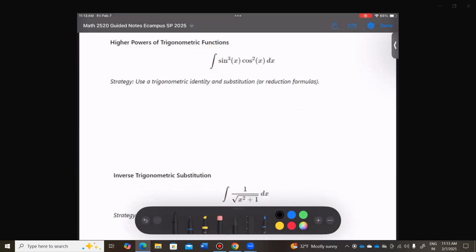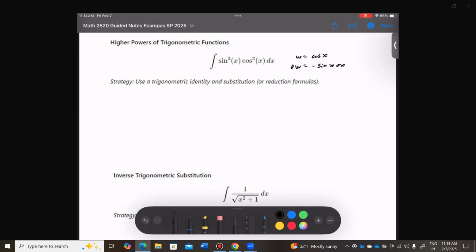And we saw earlier, if we have sines and cosines that have powers to them, we can use those. For this one, with sine being to a cube and cosine being squared, we're going to use a substitution where w equals cosine x, and dw equals negative sine x dx.